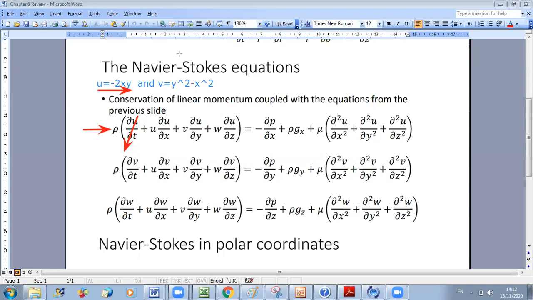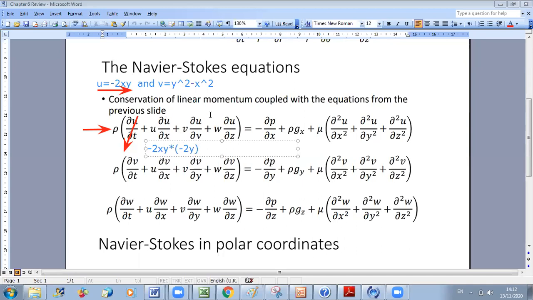Now I have u times del u by del x. This term will not be 0 because I will replace u by minus 2xy. If I do del u by del x, if you derive minus 2xy with respect to x, you will get minus 2y. So I should multiply by minus 2y. This is u del u by del x.